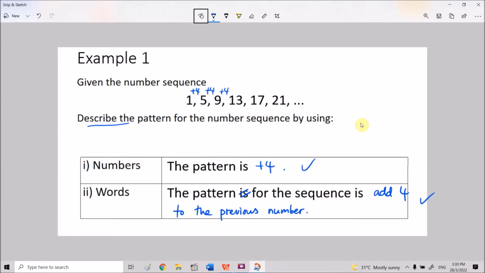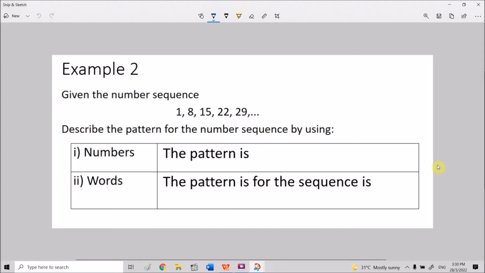We look at another simple example, example number 2. As you can see, we have another number sequence, and we need to describe the pattern by using numbers and words. Here again, the numbers are increasing. 1 plus 7, you get 8. 8 plus 7, you get 15. 15 plus 7, you get 22. 22 plus 7, you get 29. So here the pattern is add 7.